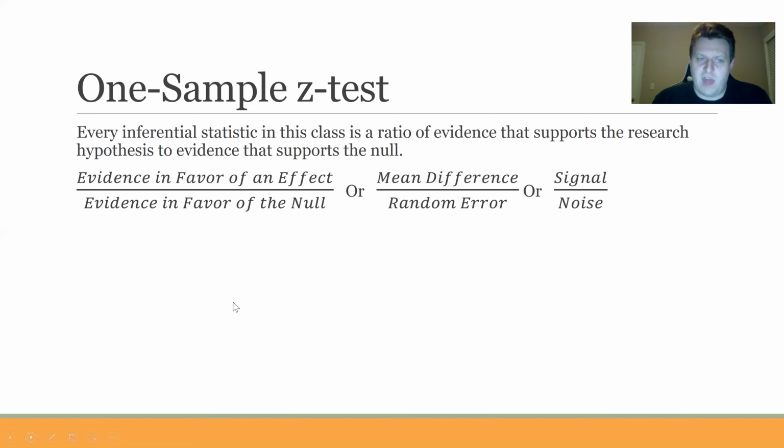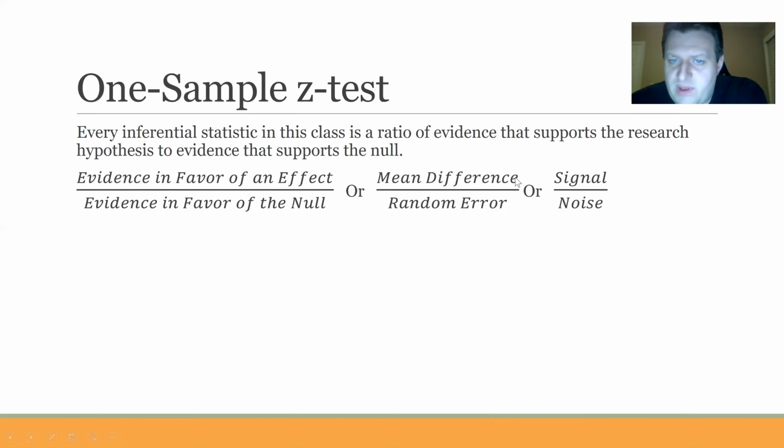All right, if there's a lot of evidence in favor of the null, okay, there's a lot of random variation that's going on, a lot of sampling error that's going on, the denominator, the bottom part of the fraction, is going to shoot up. And the bigger this is going to be in relationship to evidence in favor of the alternative hypothesis, what that's going to do is it's going to shrink the test statistic. That z-value is going to get closer and closer to 0 because that denominator is going to be larger and larger.